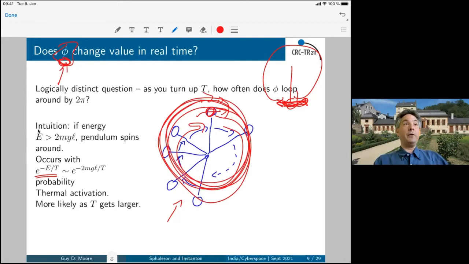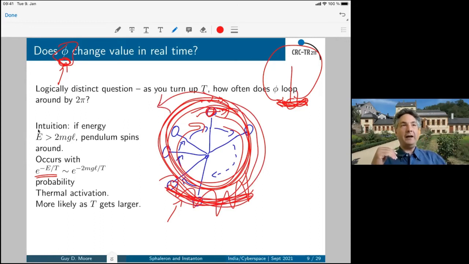If I couple it to a thermal bath, then sometimes it'll get lucky and have the energy, and then down here we'll lose the energy, it'll sit around at the bottom for a while, and then it'll get kicked by the thermal bath and go over again. And that makes the problem more entertaining, that there are individual isolated transitions instead of some things in your ensemble just going around and around and other things in your ensemble just sitting.